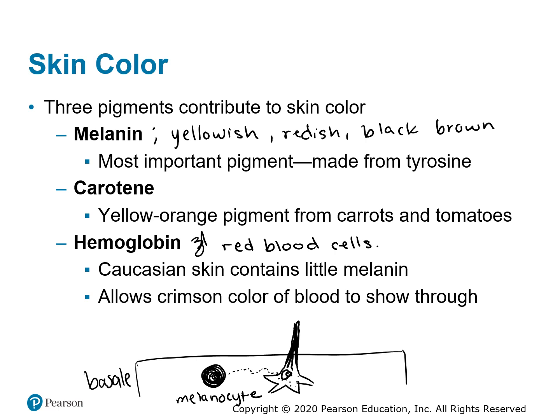You don't get as much of that reflection in darker skinned people because those darker colors absorb that reflected light. Okay? Cool. So that's how we get those skin color pigments.